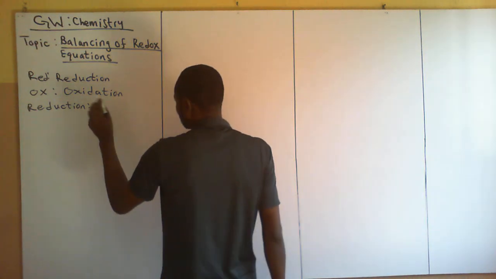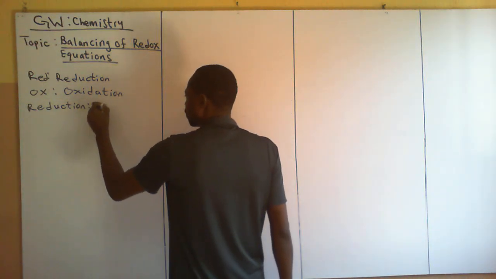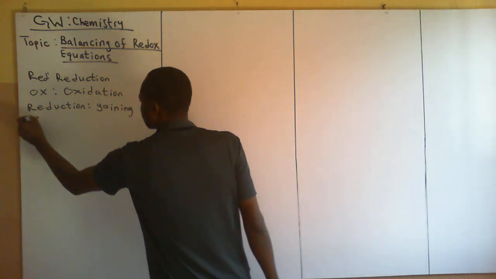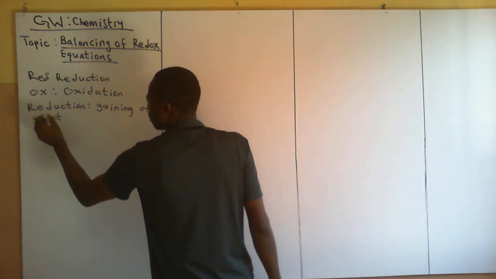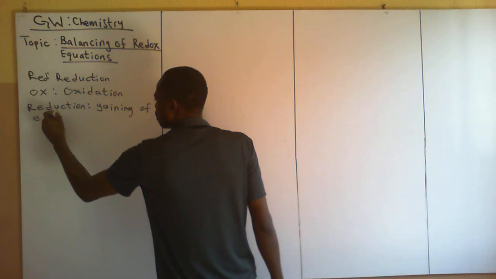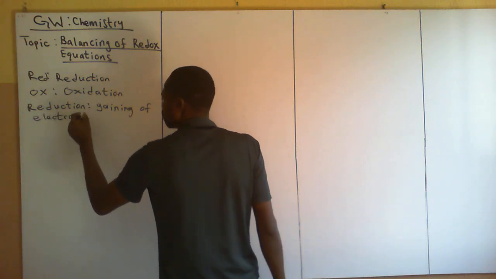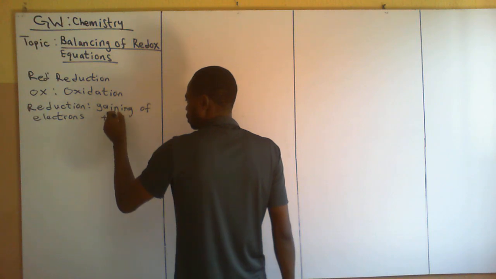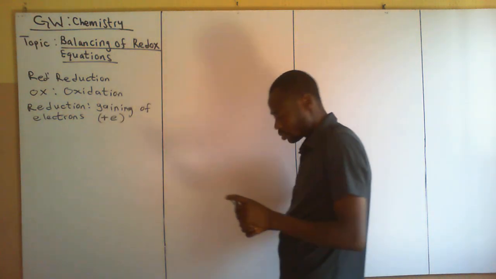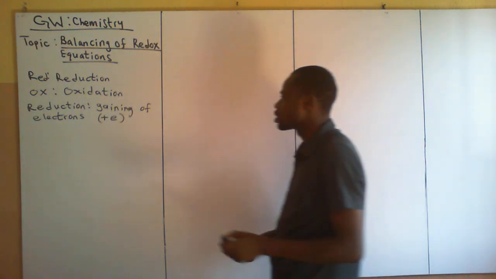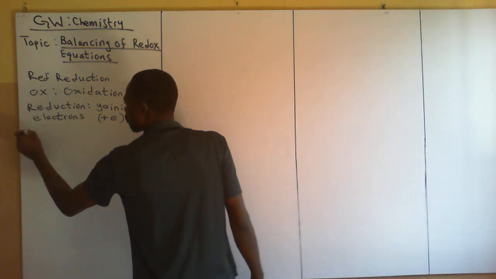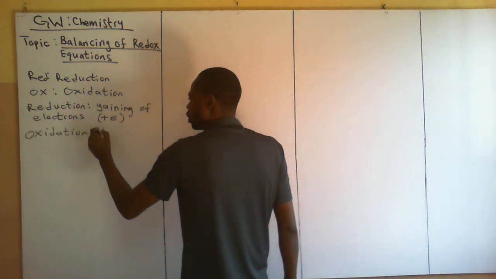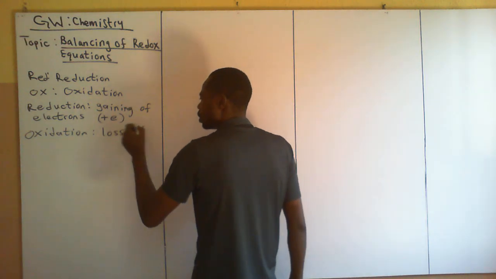By which electron is gained, it means gaining of electrons, plus E. While oxidation is loss of electrons.